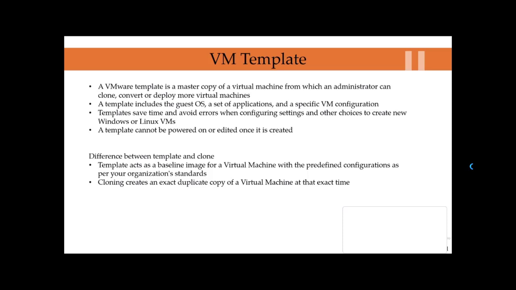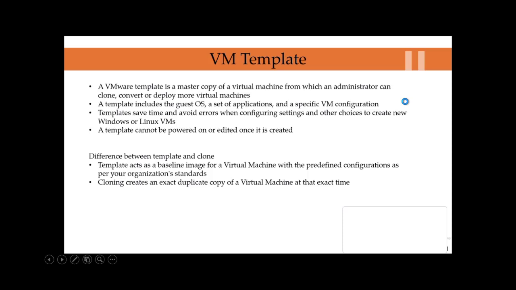A template includes the guest operating system, a set of applications and specific VM configuration. Basically we create a template of any client. For example, we want to create a template of a Windows 10 machine, and then we install Office, Acrobat Reader or other applications. We perform some configuration, and we create a template from this VM.